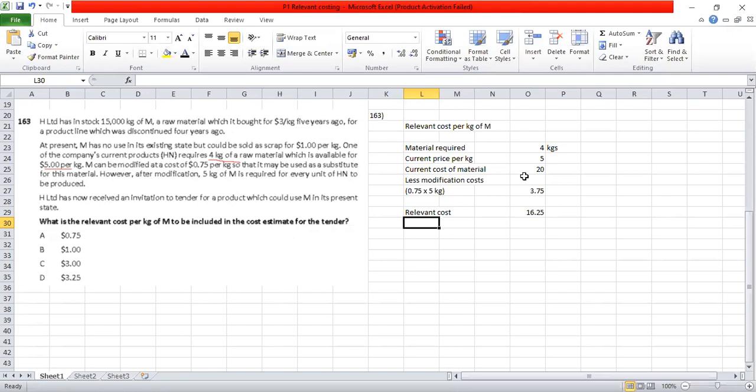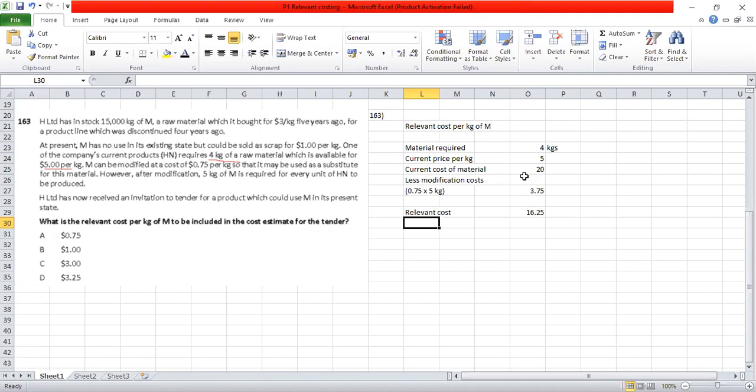So for the decision making, how much would they be spending? See, the material is already present there. All they would require is only the modification cost. So modification cost is all they have to spend to make the material available. So the decision is 20 versus 3.75, and 16.25 is the relevance.